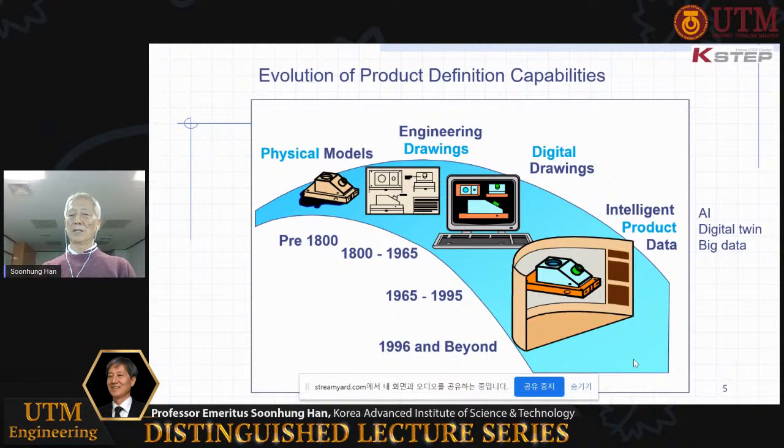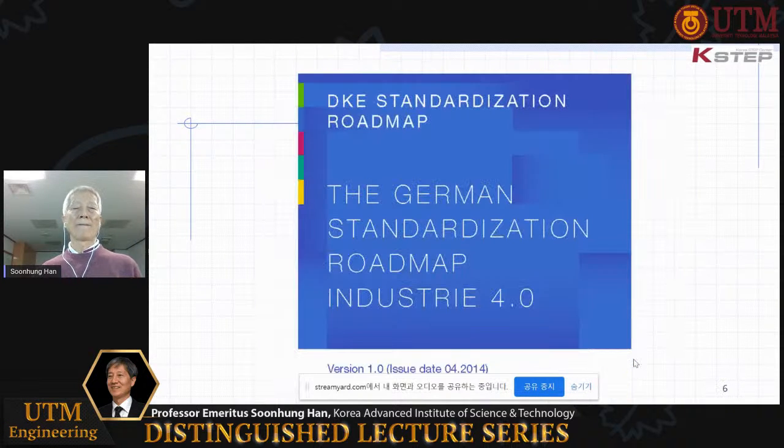Then I can reproduce it as a combination of AI, digital twin, and big data, which is coming. That is a new word these days, I guess. This is the cover page of a report from Germany about Industry 4.0.